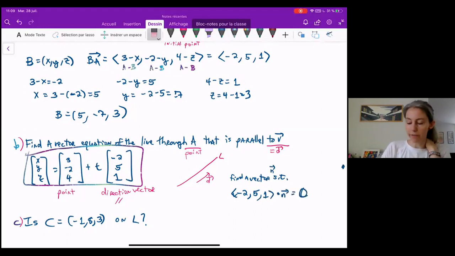In other words, you would need to find a vector such that that is true. (-2, 5, 1) is your direction vector because we are told that B is parallel. It's not the cross product, Daniel, because I only have one vector, so I can't do the cross product of two things if I only have one thing.